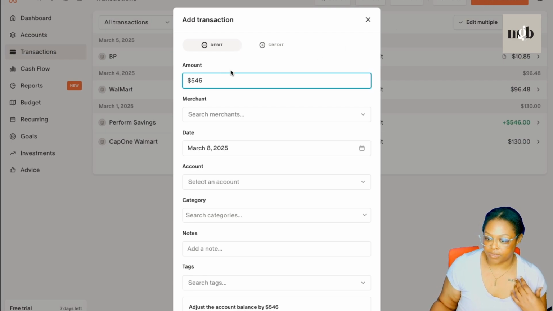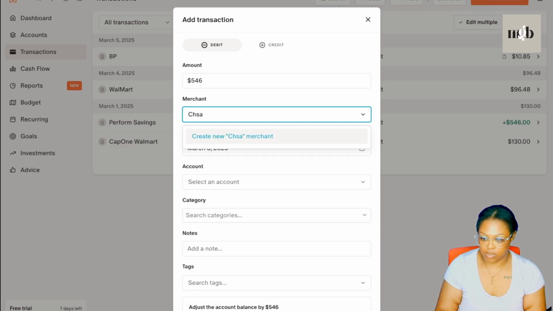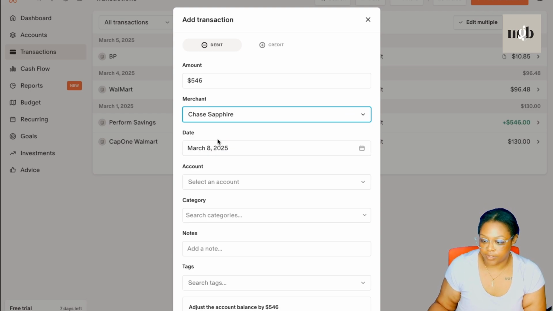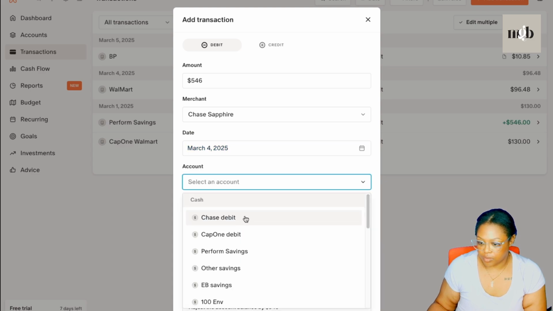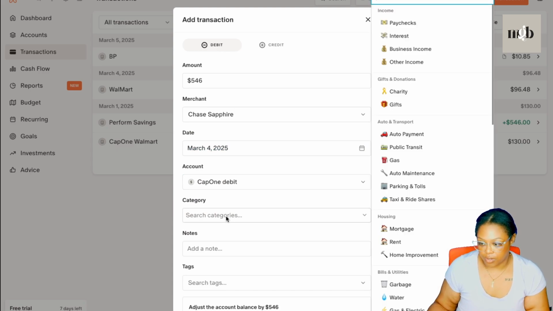Then this is where I made the $546 payment to Chase. Well, yeah, I'll do that. Chase Sapphire, 4th. So it's a debit, meaning decreasing from my Capital One debit card.